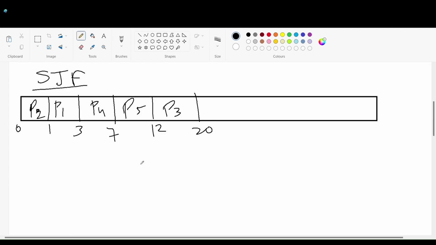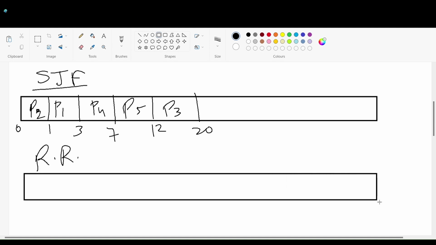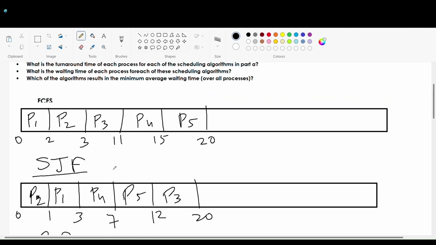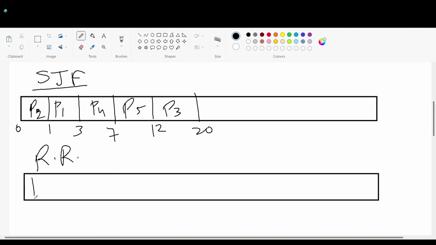Now the round robin algorithm. I will show you the execution in the round robin algorithm. In round robin the quantum is given. Quantum is 2. So in round robin P1 will execute first, from 0 to 2.